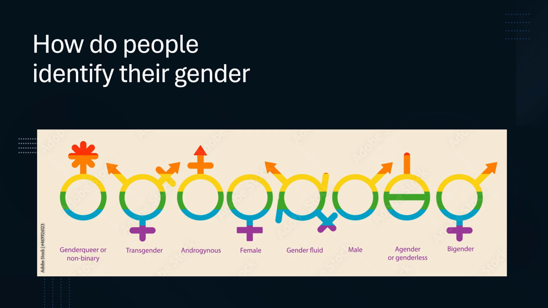So how do people identify their gender? We want to call this gender identity. We decide ourselves, and for some it's clear how they define themselves, but for others, they face confusion, often not feeling a distinct role in gender binary.